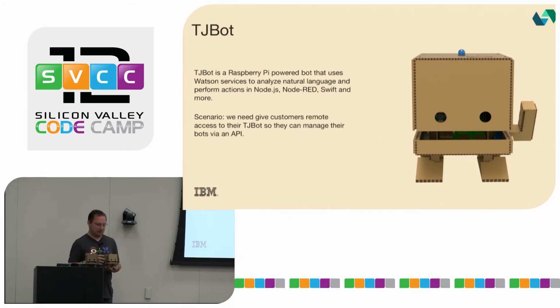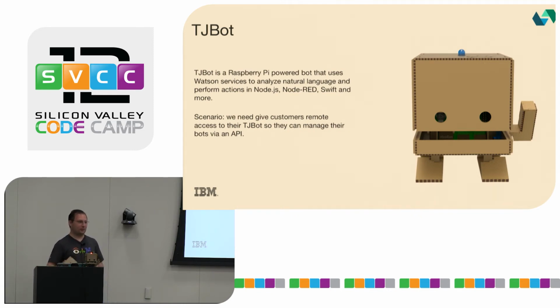This is a Watson Maker Kit, the first Watson Maker Kit, powered by a Raspberry Pi. It's a project that you can adopt and learn about the Watson services that you can include into the TJ bot or any device that you want to include Watson into. So it's a Raspberry Pi powered application.